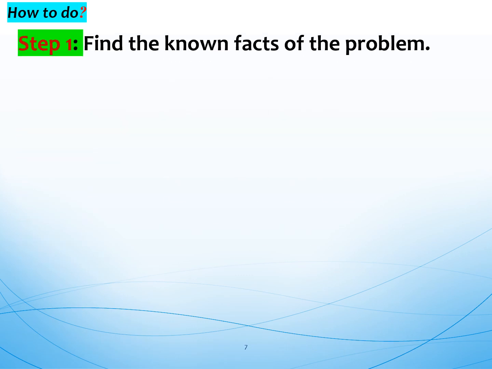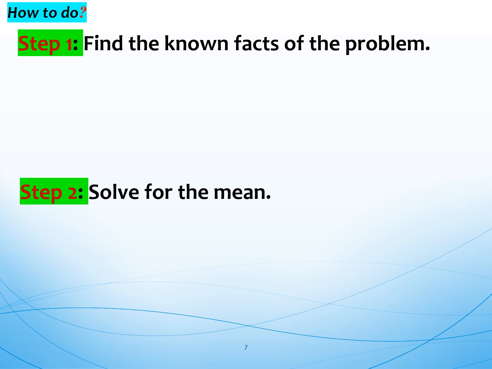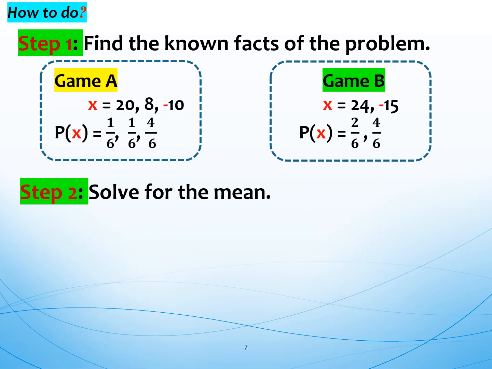Of course, step 1, find the known facts of the problem, and step 2, solve for the mean. So, what are the facts in game A and game B? In game A, we have the x values 20, 8, and of course the negative 10.